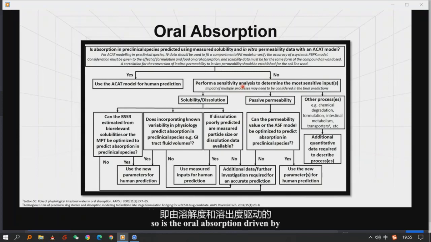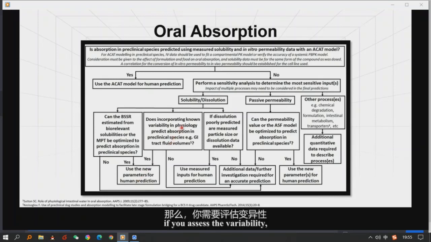So is the oral absorption driven by solubility and dissolution? If it is, then can the bile salt solubilization ratio be estimated from biorelevant solubilities and predict for the preclinical species? If it can, you would use that data to predict for human.